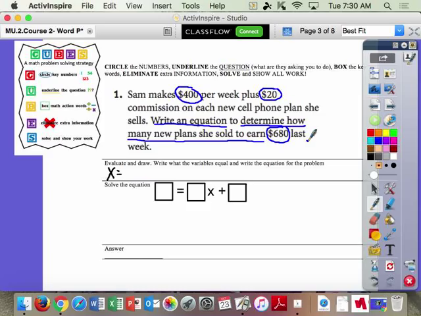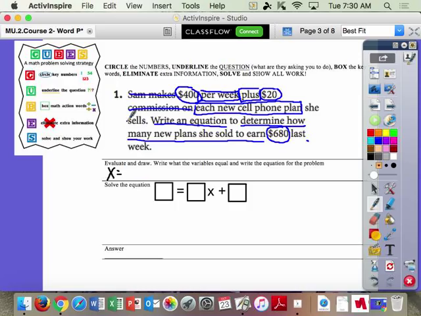Then it says, box the action word. So this per week is important. $20 commission on each new cell phone plan. That's kind of important. Okay? And then we probably don't need that plus, oh, my bad.